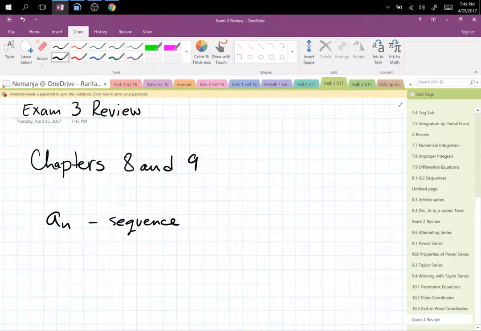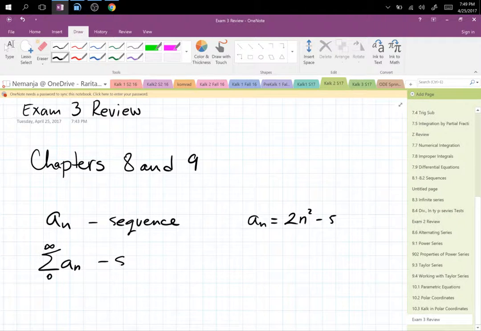And that will have some kind of a formula, like 2n squared minus 5, and you can come up with terms a_0, a_1, a_2, a_3, a_4, and so on. And then you have the summation of a_n that maybe starts at 0 and goes to infinity. It's known as a series, which is the sum of a sequence.